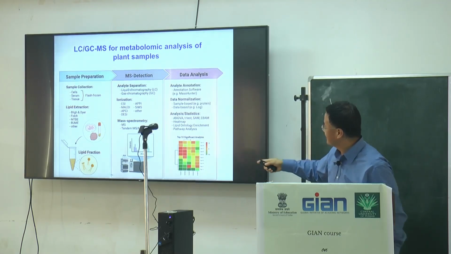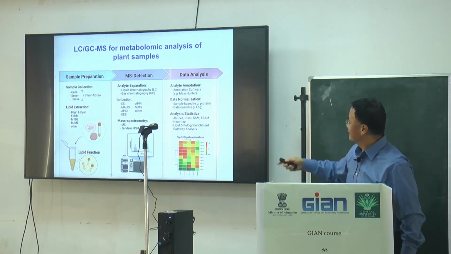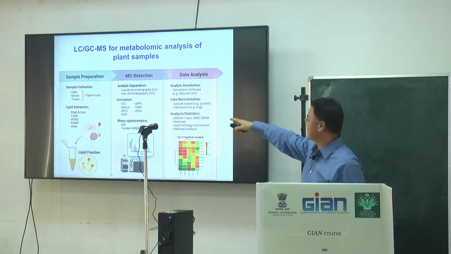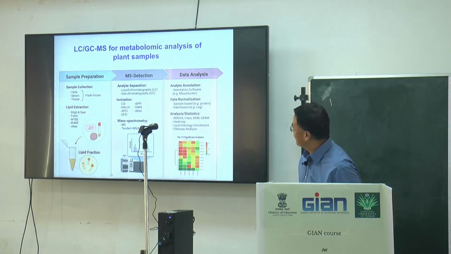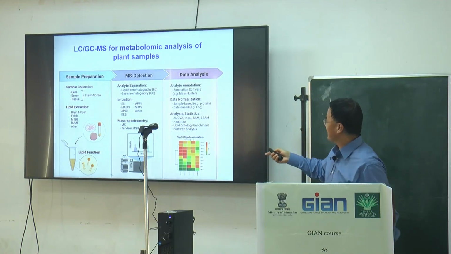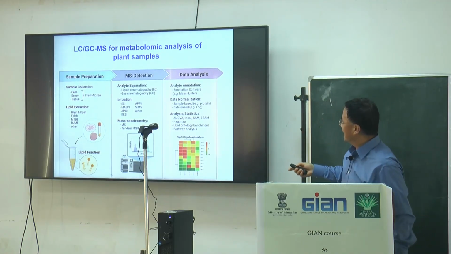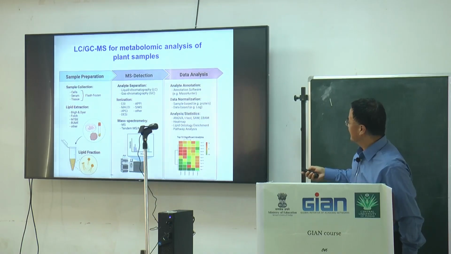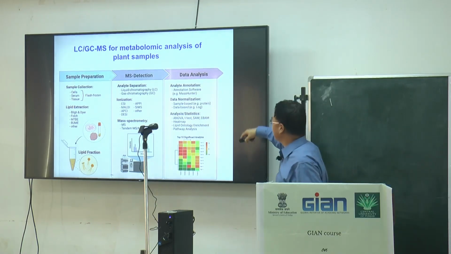I think it's a very nice cartoon to show the whole sample preparation, the tissue and the organ. So later I will continue with the different mass spectral detection or ionization methods and analysis. Later on we will continue.